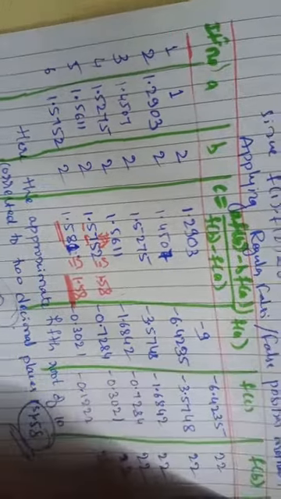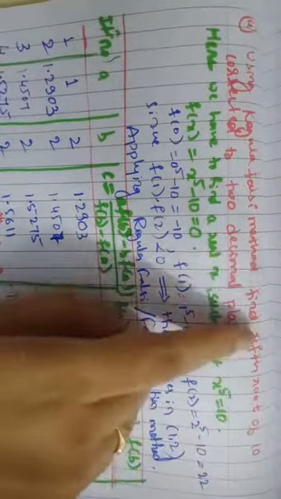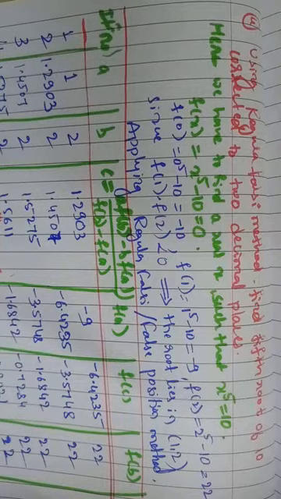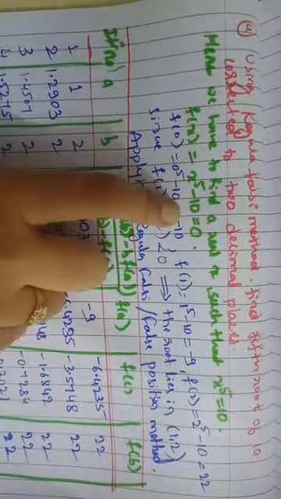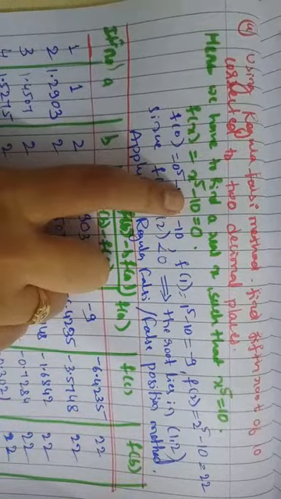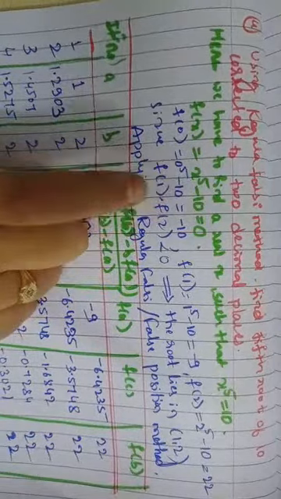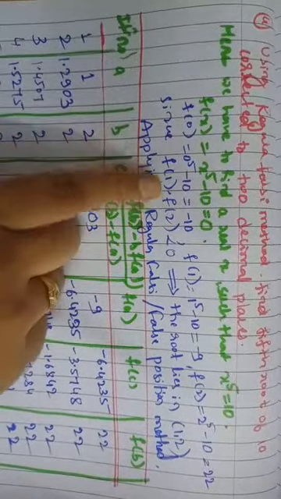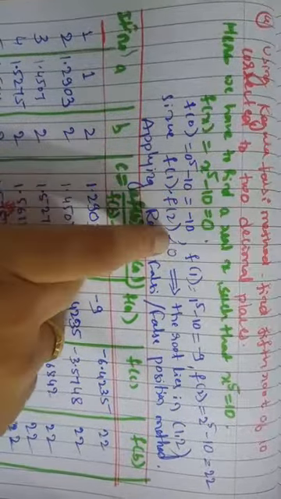Okay, so I hope this is clear for you. First thing is, whenever any question is given, we have to check whether it is in the form f of x equals 0. In this case, it was not in the form f of x equals 0. First we need to convert it. After conversion of this, we got this much, and then we have to find the interval a and b, by satisfying the condition that f of a and f of b, if you multiply, you should get a negative value.